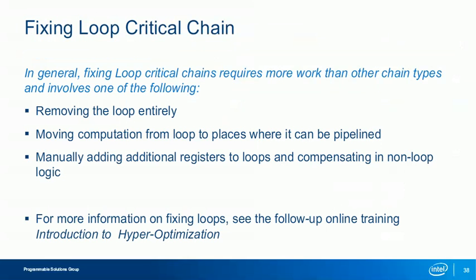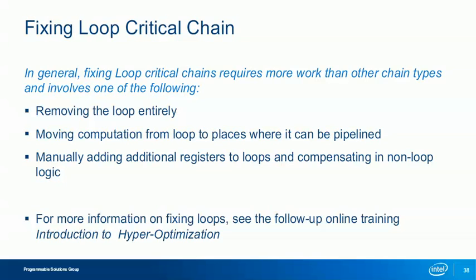So if you find you have a loop critical chain and you want to run the design faster than that loop critical chain allows, there are 3 basic ways to fix it. 1. You can recode your RTL to completely remove the loop, changing the feedback structure into a feed-forward structure. 2. You can reduce the size of the loop by removing computations being performed within the loop path and implementing them instead in the forward path locations where they can be pipelined.